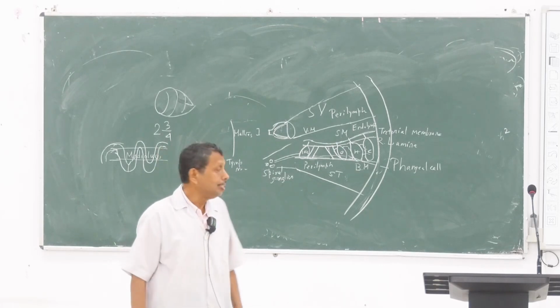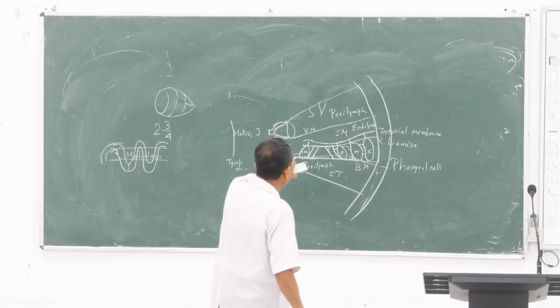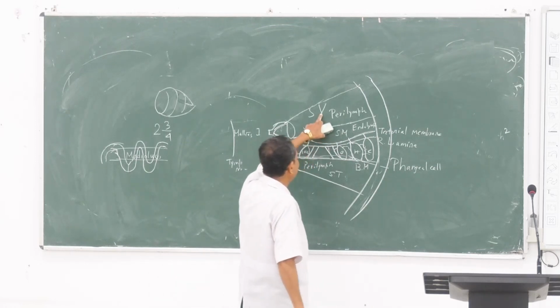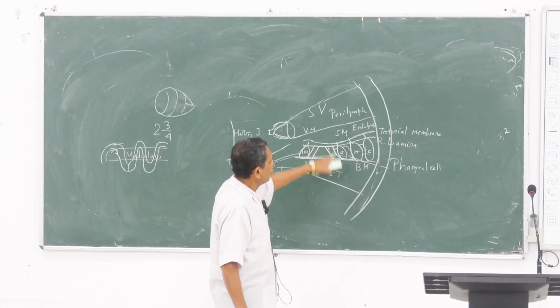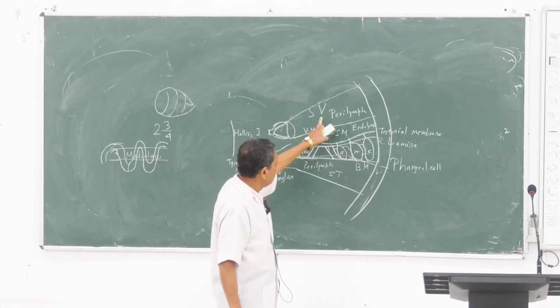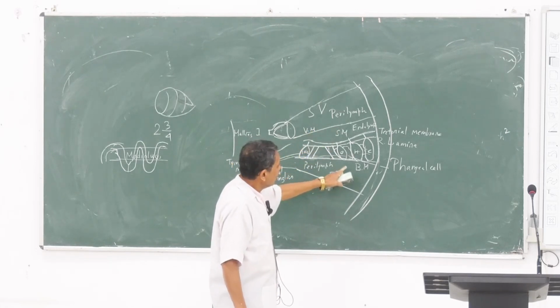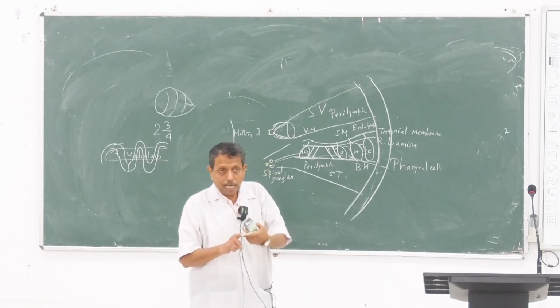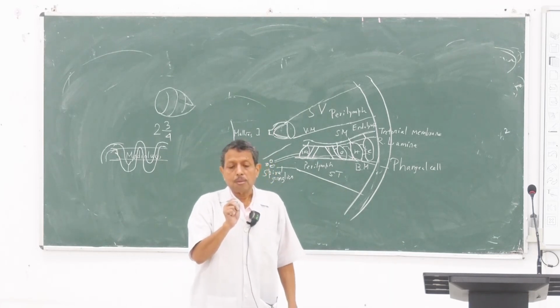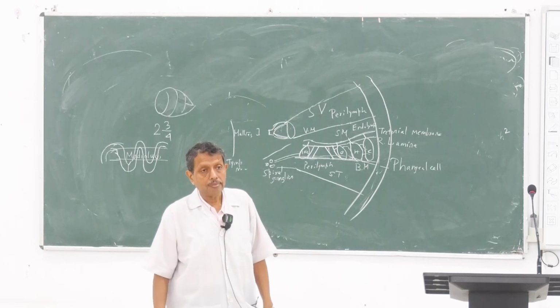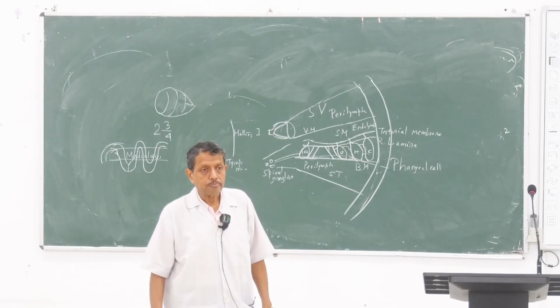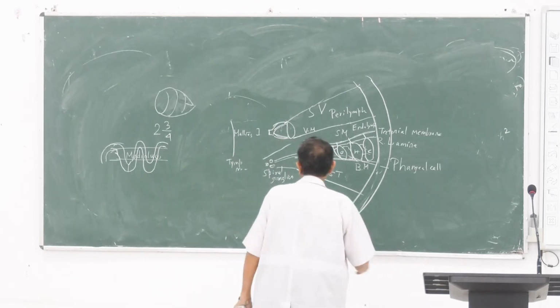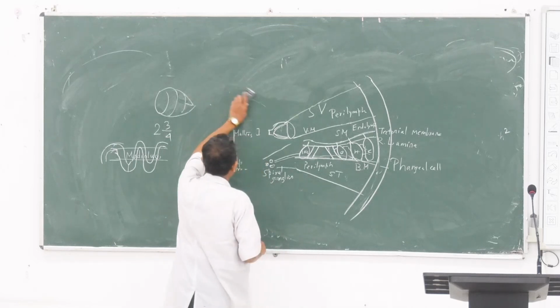Scala means ladder. The scala vestibuli and scala tympani are connected at the apical part by an opening called the helicotrema. In some texts, simplified figures are given.